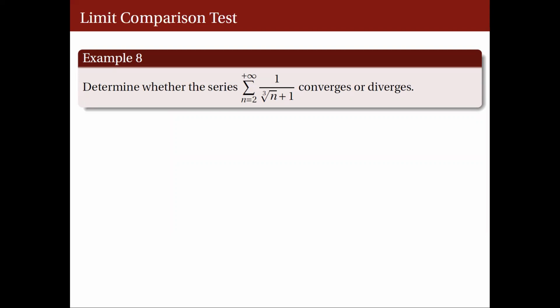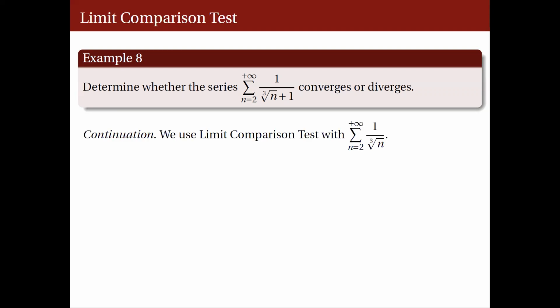For our first problem, let us try to use the limit comparison test to determine whether the series given as follows converges or diverges. Take note na positive ang terms nitong series. So pwede natin gamitin yung limit comparison test.